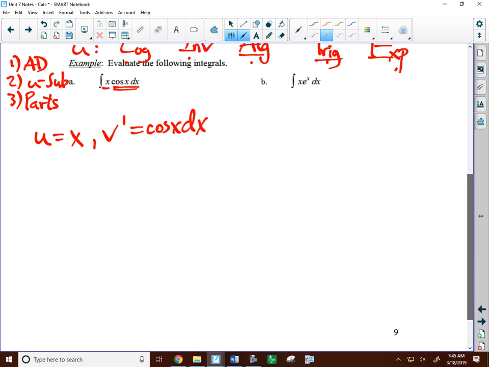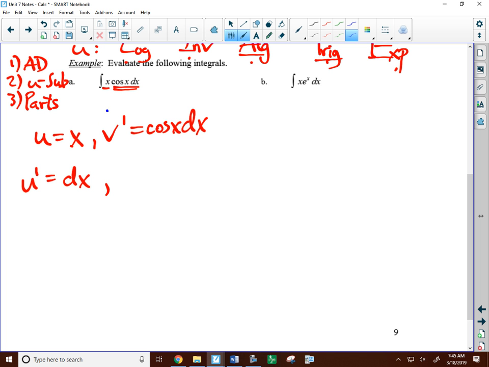All right, so I'm going to do u prime here. Now, for u substitution, I wrote du, which is the u prime. For parts, just to separate these, I'm going to write u prime. So u prime, let's do that. The derivative of x is 1 dx. Then I'm going to need v.